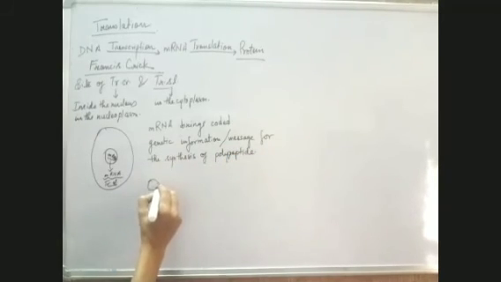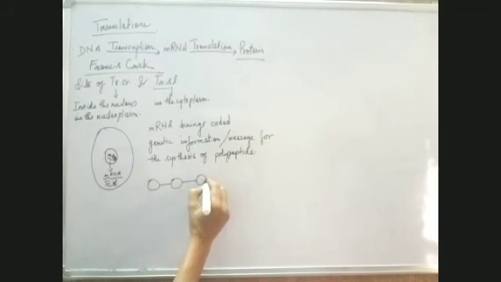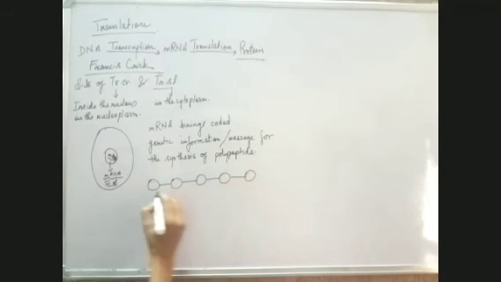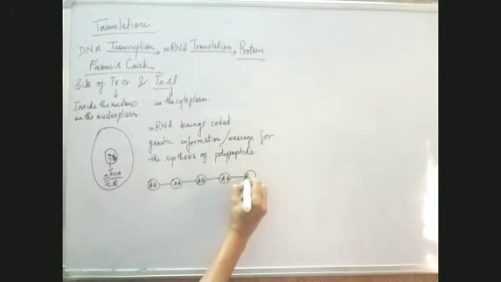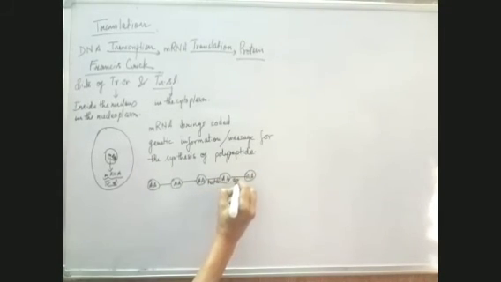Now you must be wondering, what is this polypeptide? One amino acid, peptide bond, another amino acid, peptide bond, another amino acid, peptide bond, and another amino acid. These are amino acids, and these are peptide bonds by which the amino acids are joined.